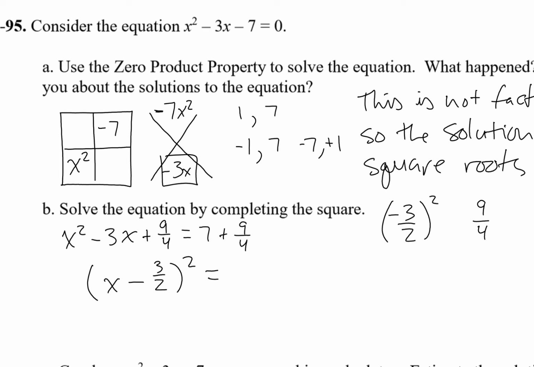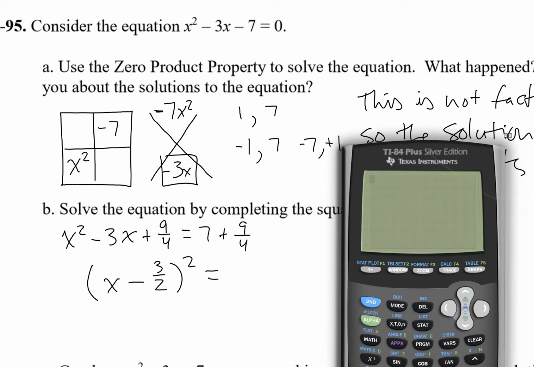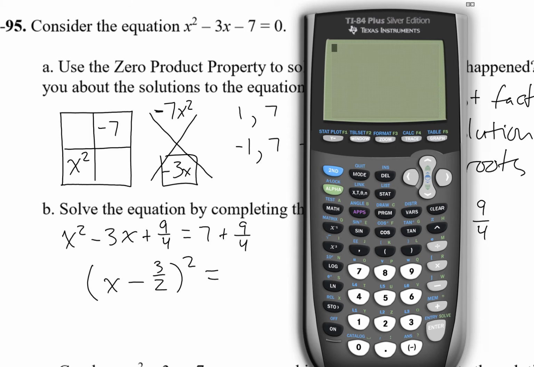we can certainly add 7 and 9/4 manually, but if that's an impediment for you at all, if you're not comfortable with dealing with fractions, please don't let that stop you from doing the math, because mathematics is so much more than arithmetic.